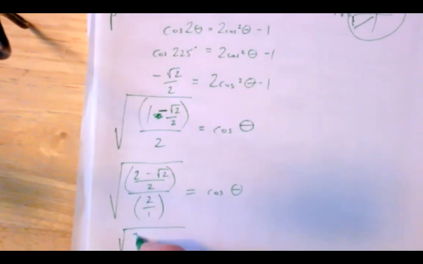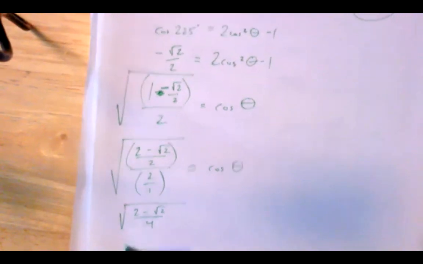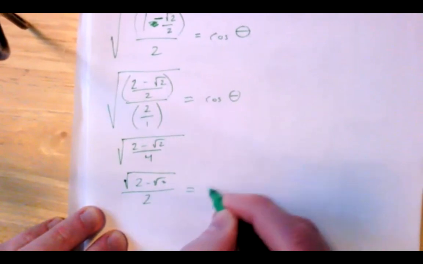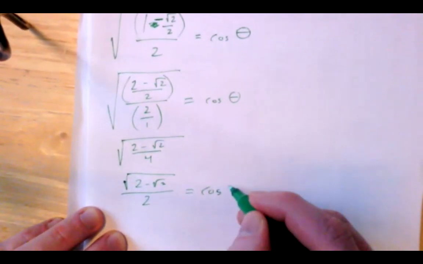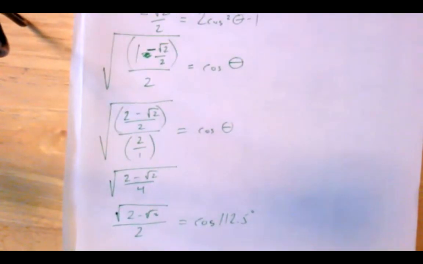So it's the root of 2 minus root 2 over 4, and the root of 4 is 2. I can't do anything else with the top. So it's root of 2 minus root 2 over 2 equals the cos of 112.5. Okay, thank you. Does that make sense? Yes.